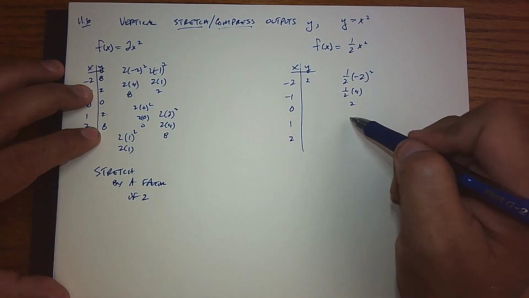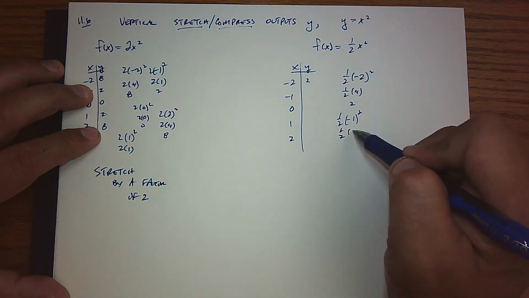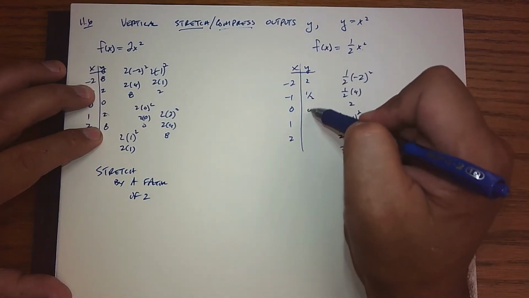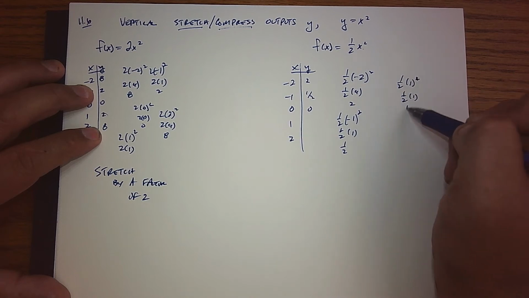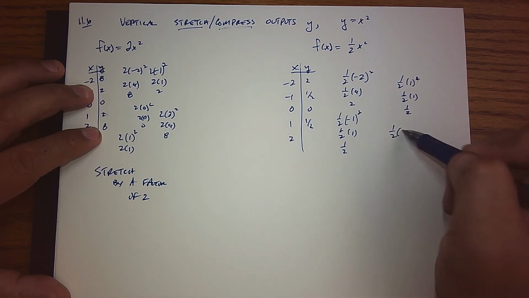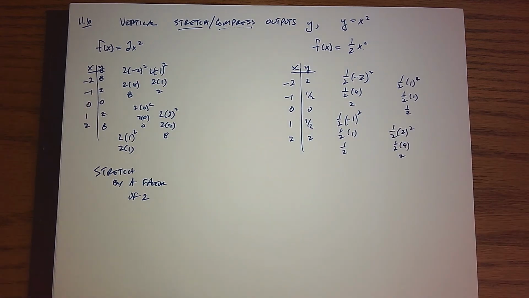If I put in a -1, we get half of 1, which is 1/2. If I put a 0 in there, we get a 0. If I take 1/2 of 1 squared, we get half times 1, which is a half. And if I put a 2 in there, we get 1/2 times 4, which is 2. So there's our data points for this graph.